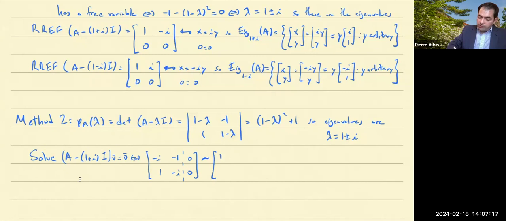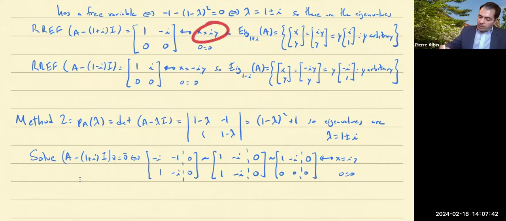So here I would divide the first row by minus i. Then I would subtract the first row from the second. Then I translate back to equations. x equals iy, 0 equals 0. And now x equals iy. So I find the same eigenspace as we did over here.